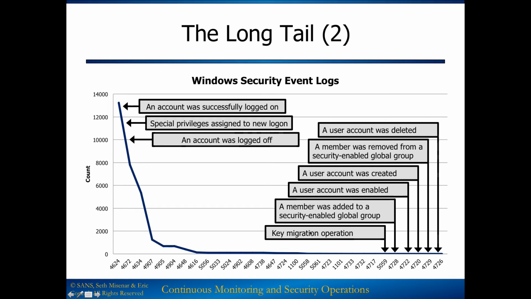I believe this key migration operation was involved with me maliciously or pseudo-maliciously turning on RDP for the first time as part of an exploit, where I came in with Metasploit, I used Meterpreter, I turned on RDP, remote desktop, and I wanted a desktop. So these are all actually useful. These events here were me adding a user, adding them to the local administrators group, and later on cleaning up my work. All of this is stuff you want to know about in a large environment, or really any environment.